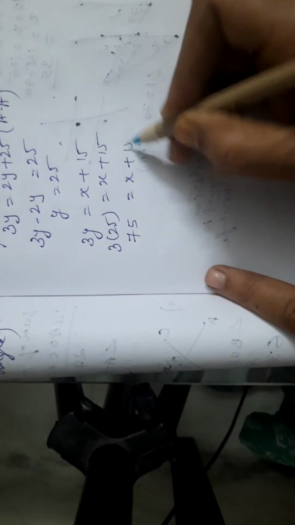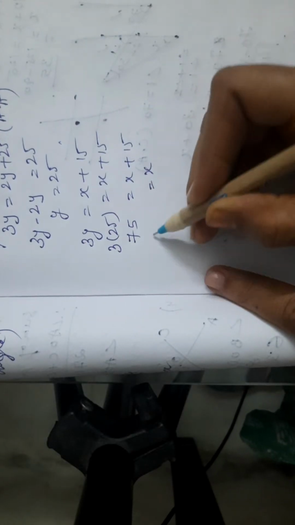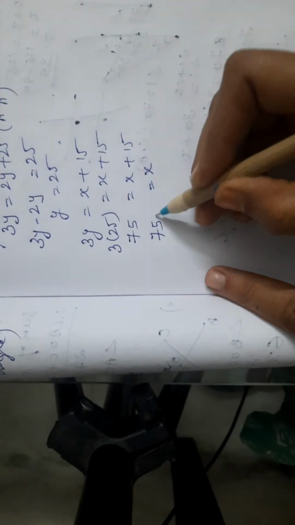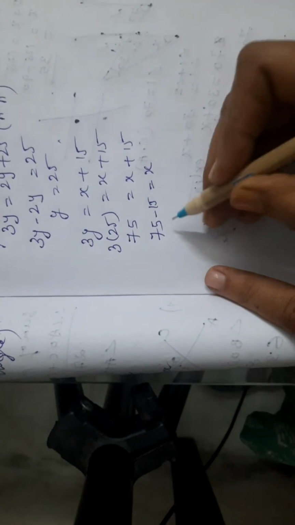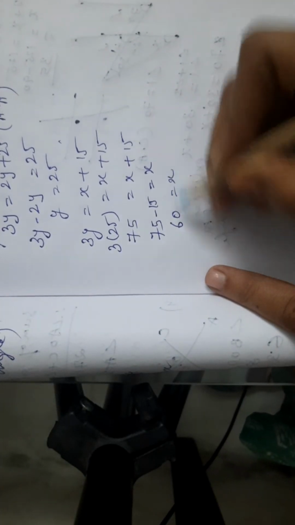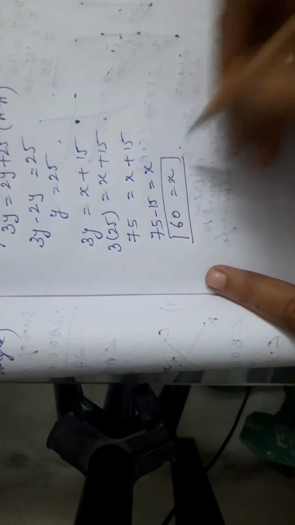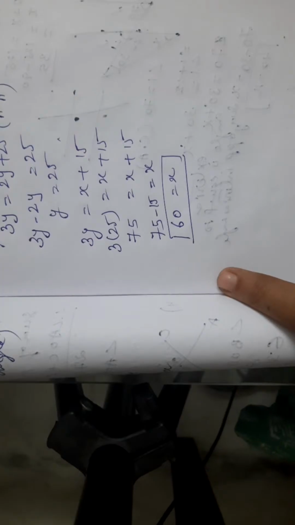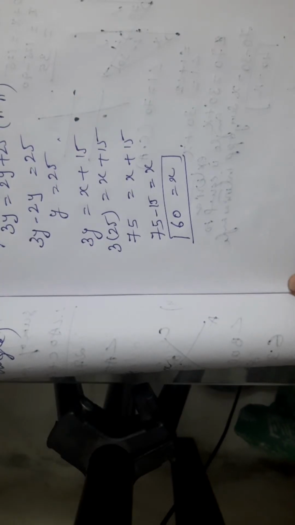It's x plus 15. So x is 75, shifting 15 that side, so it's minus 15. So the answer is 60. The value of x is 60. Is it clear?